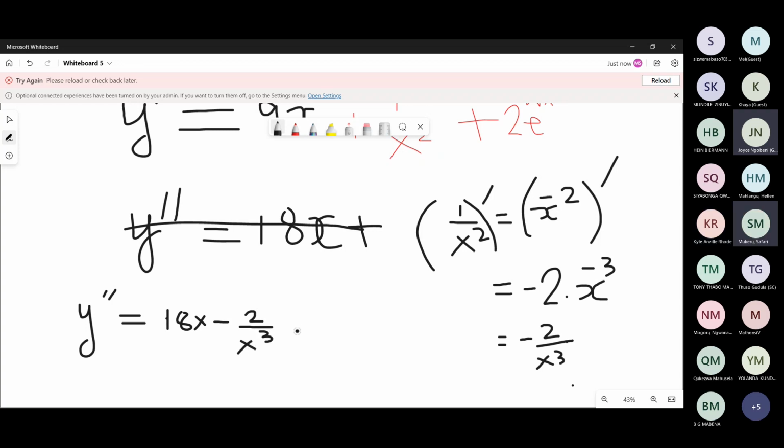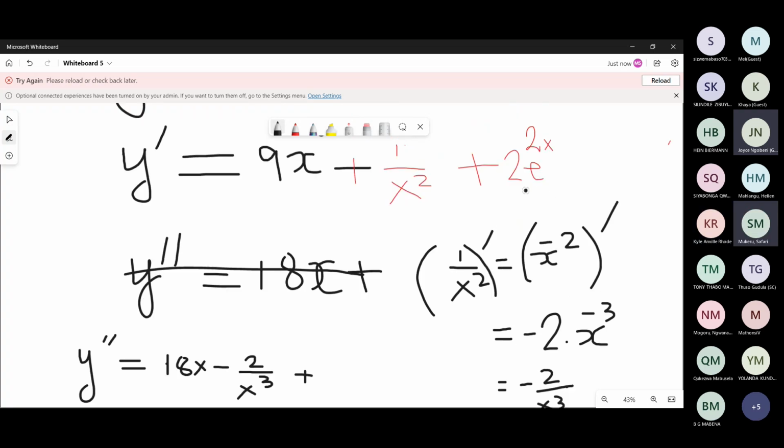Now the last one. We still have this 2, this one. How do you find the derivative? 2 is a constant. Let me take that constant 2, and we take again the derivative of e to the power 2x.